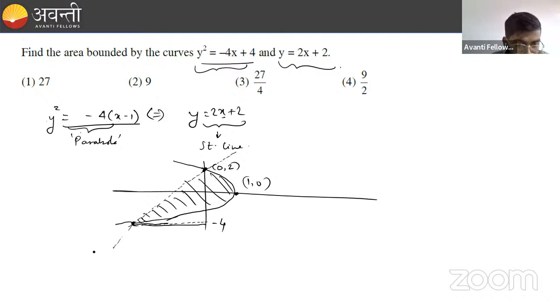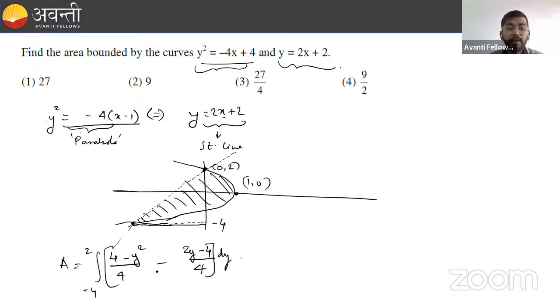So we can write the area as the integration from minus 4 to 2 of 4 minus y square upon 4, minus 2y minus 4 upon 4, dy.